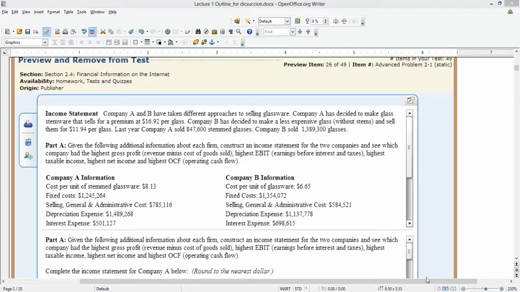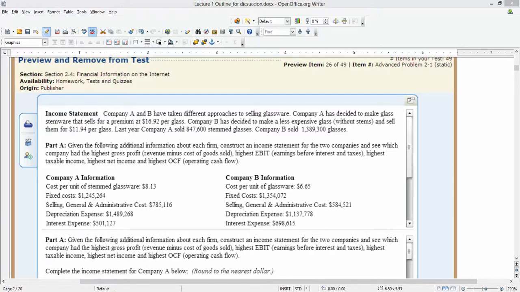And then let's say company A has sold more units or fewer units than company B, so you need to get the full revenue and create a full income statement, finding the gross profit, the EBIT, earnings before interest and taxes, taxable income, and operating cash flow. Operating cash flow shouldn't be new to you, but it's very important in finance, especially cash flows. That's how many companies are valued. So this is what you're starting with.